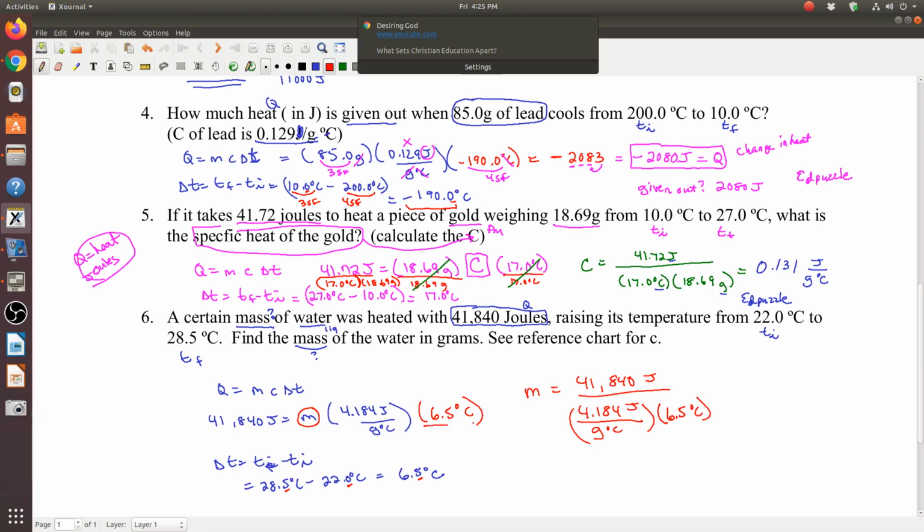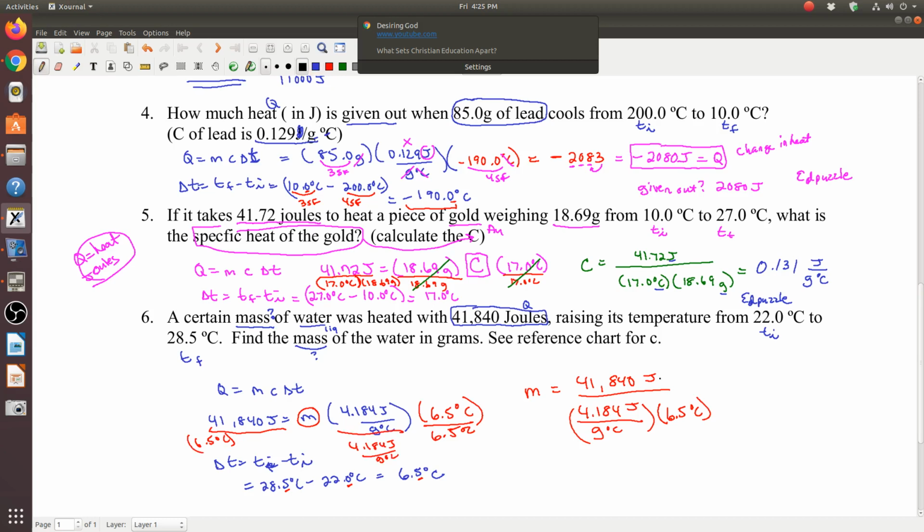So see, I'm dividing by this over here, and I'm dividing by that whole quantity over here. And that's why I wrote it on this side so you could see it.